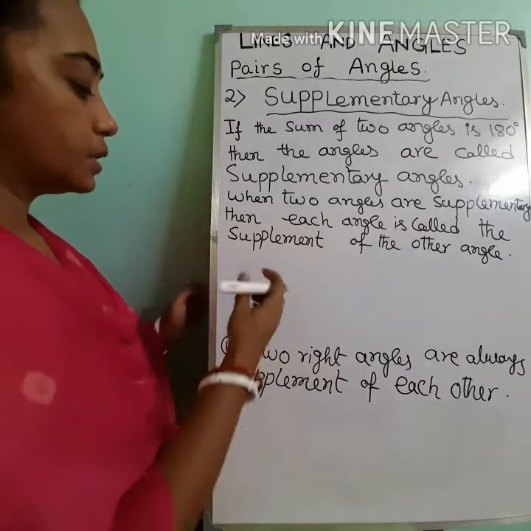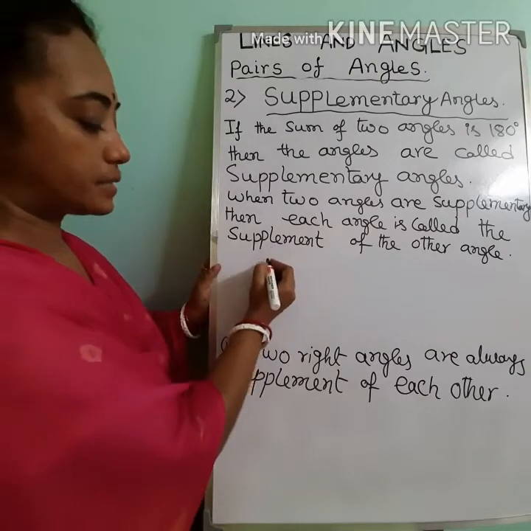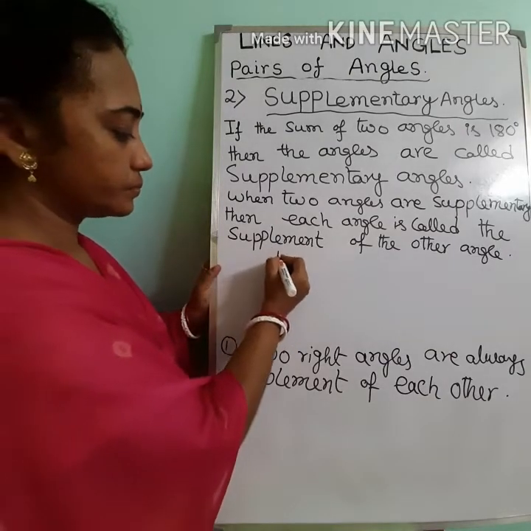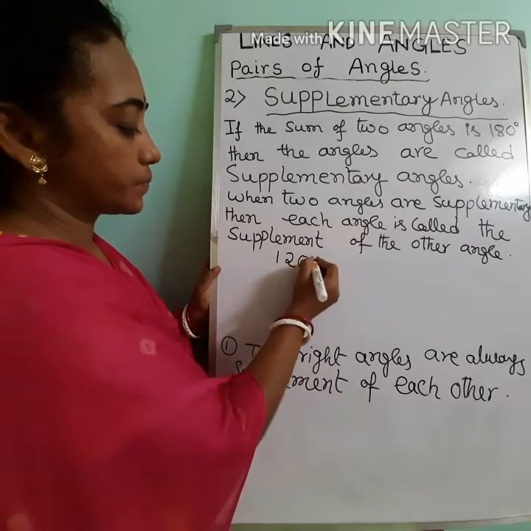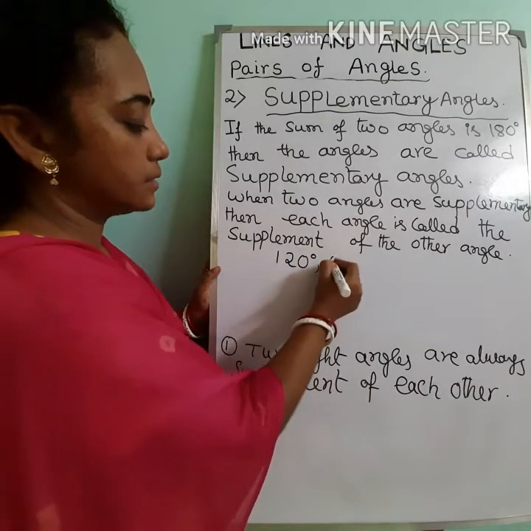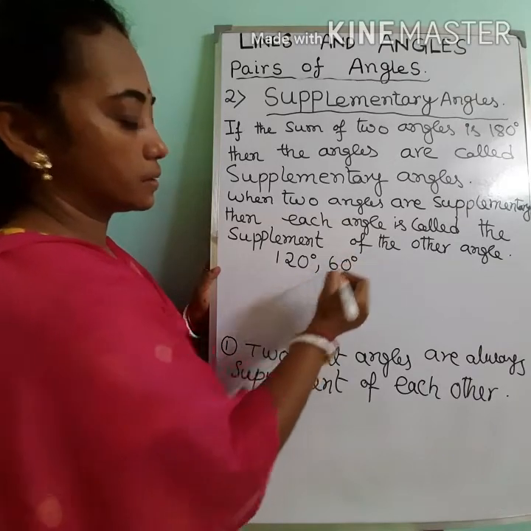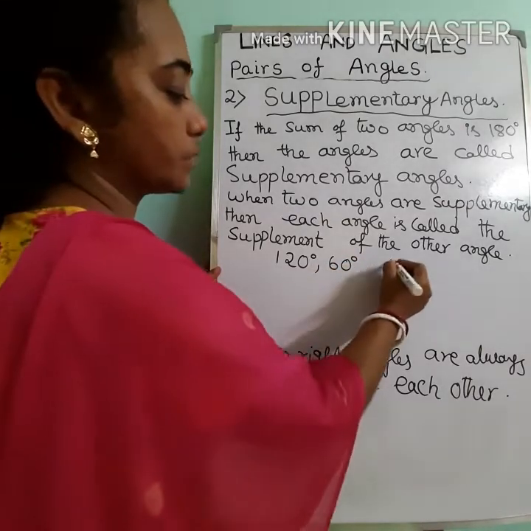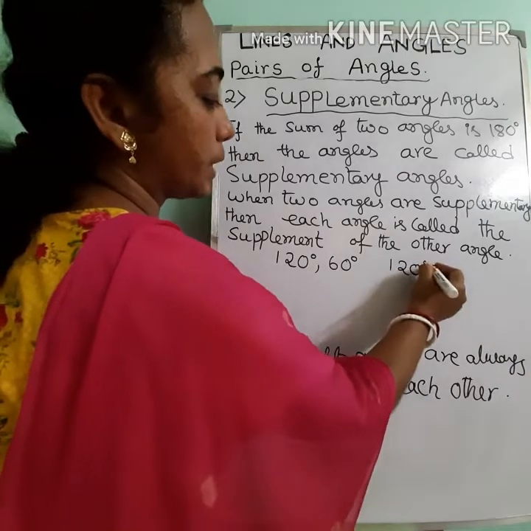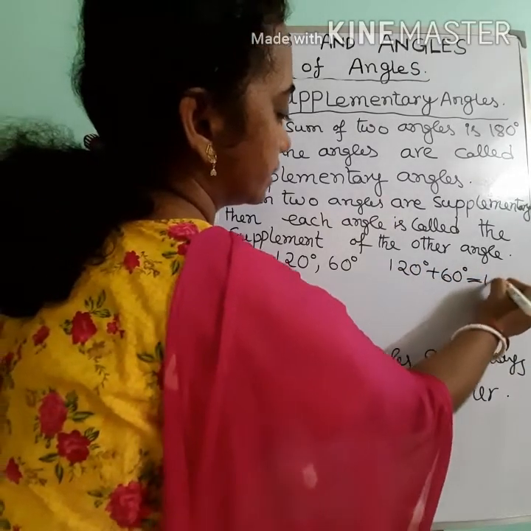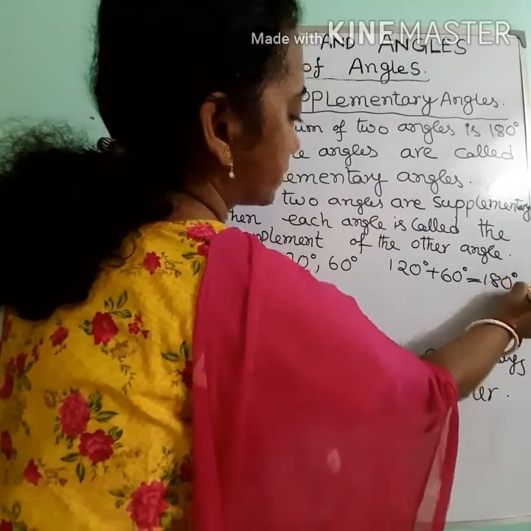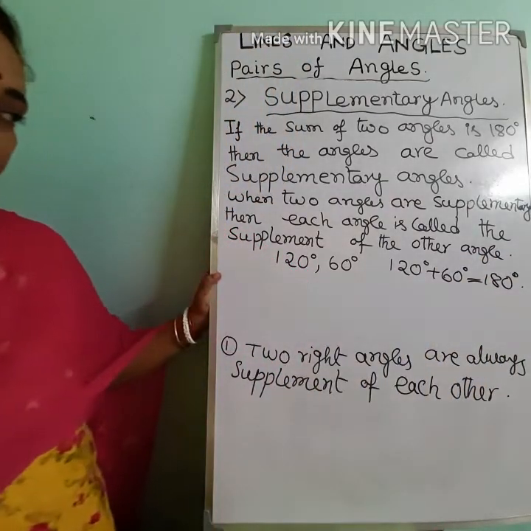For example, if we take one angle as 120 degrees and another as 60 degrees, then the sum, 120 degrees plus 60 degrees, is 180 degrees, which means these two angles are supplementary angles.